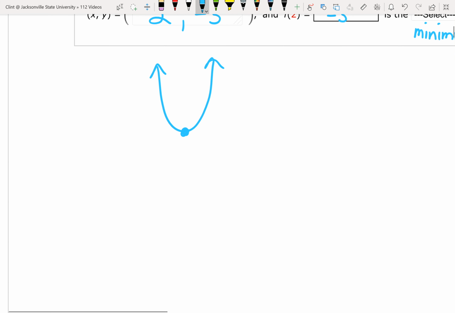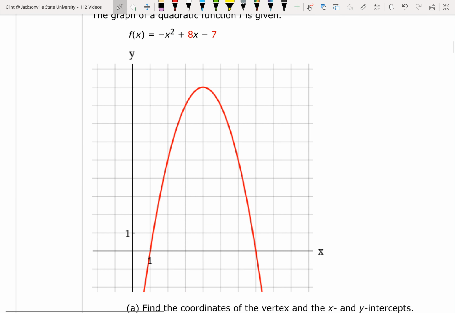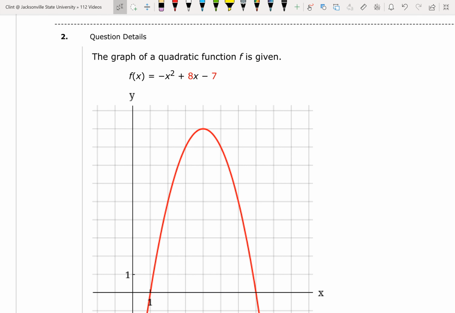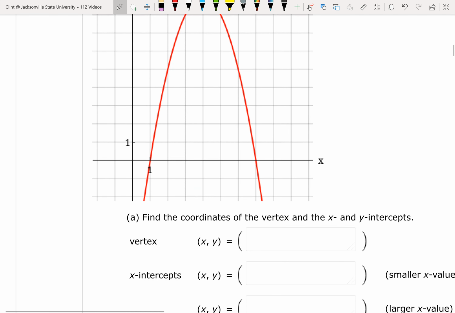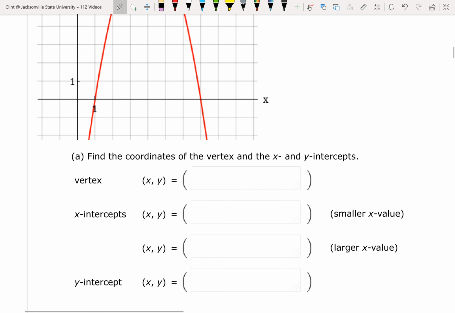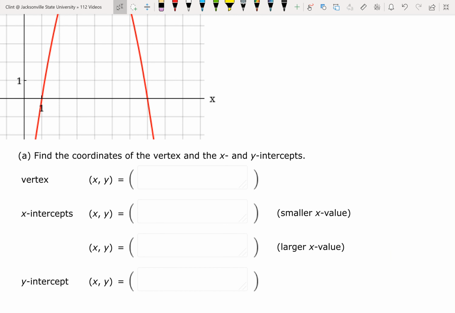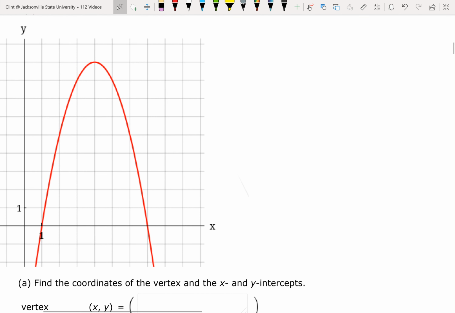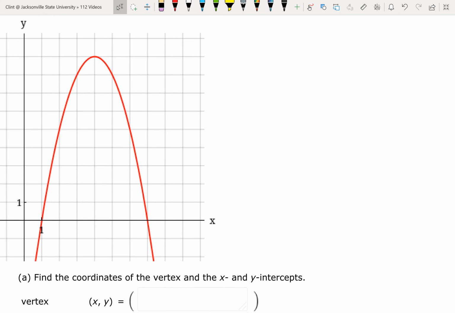And number 2, sorry, it's kind of spread out on here. So we get a graph, quadratic function, negative x squared plus 8x minus 7. And this is one of the long ones where we've got several things to find. So first it says find the vertex. Since we have a graph, we can do that on the graph here.